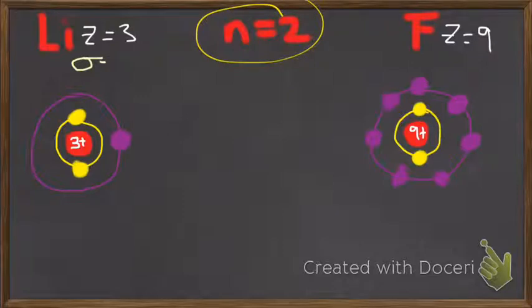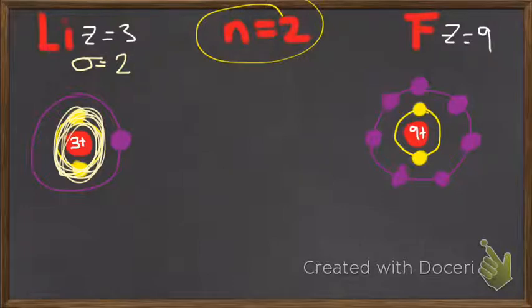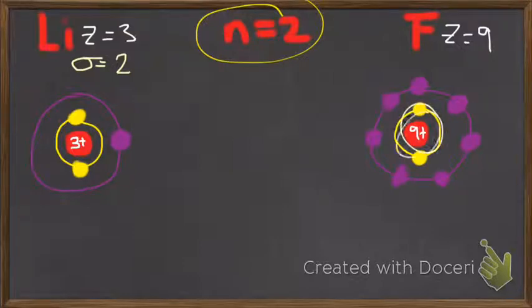Sigma for lithium is approximately 2, because there are 2 inner shell electrons, or core electrons. The inner shell electrons for fluorine is also 2. They have the same number on the N equals 1 energy level. So sigma is equal to 2.